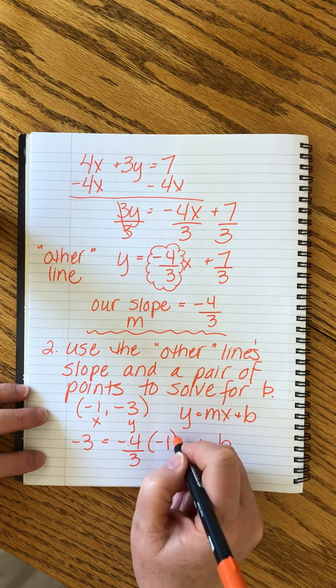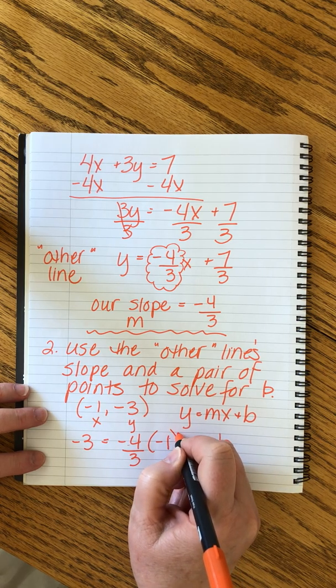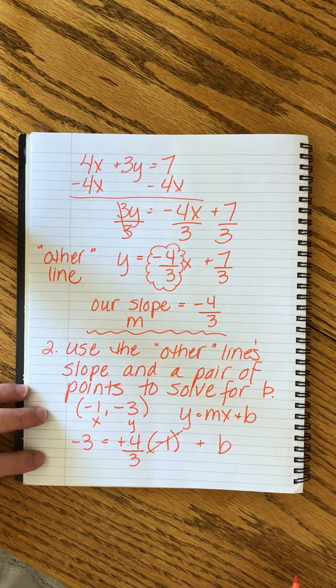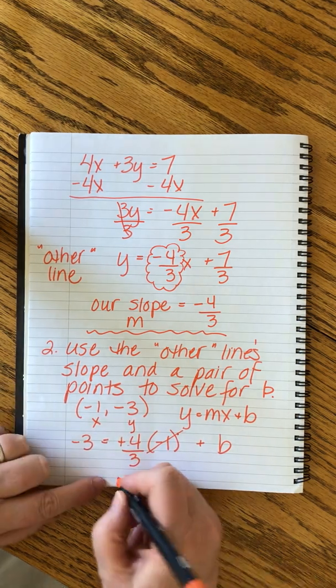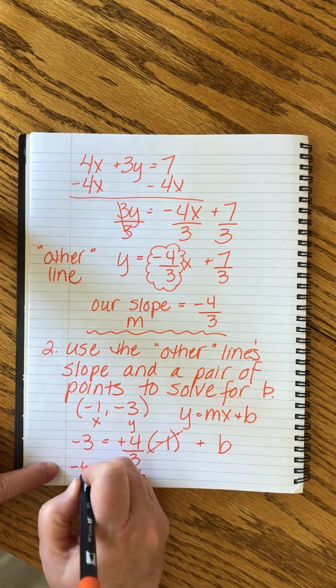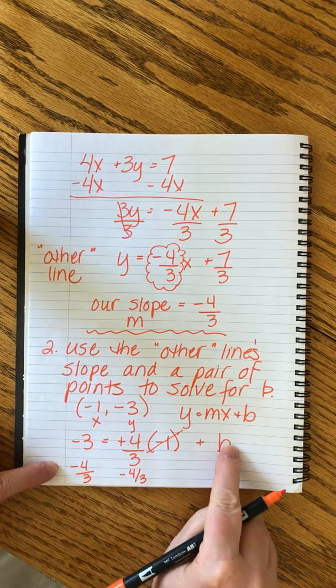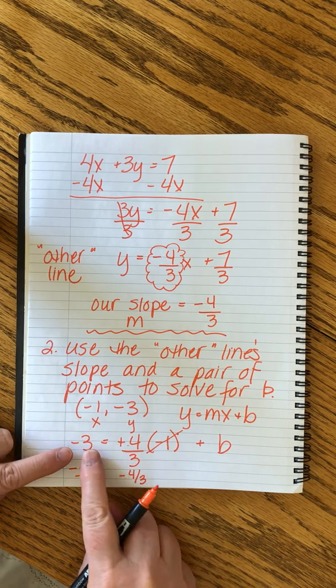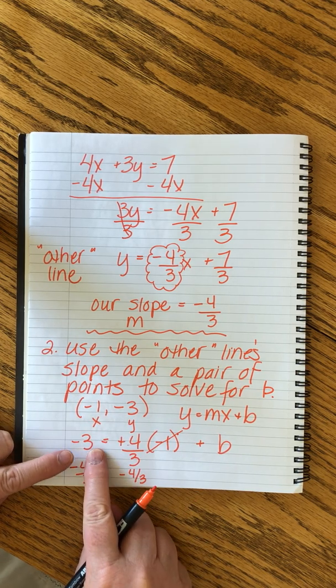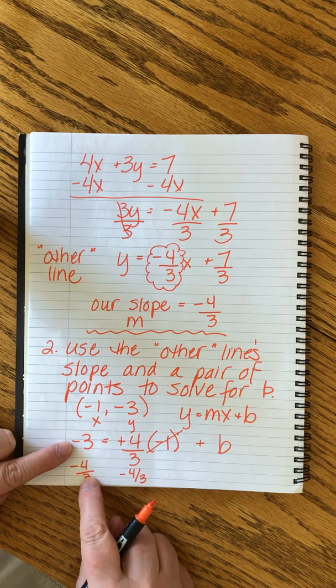All right, these two multiply. This is going to go to +4/3, right? So I'm going to draw a line through that, and I'm going to make that say positive. Now we need to subtract 4/3. That'll make b by itself. In order to subtract this, I have to change this into a number with a 3 on the bottom.